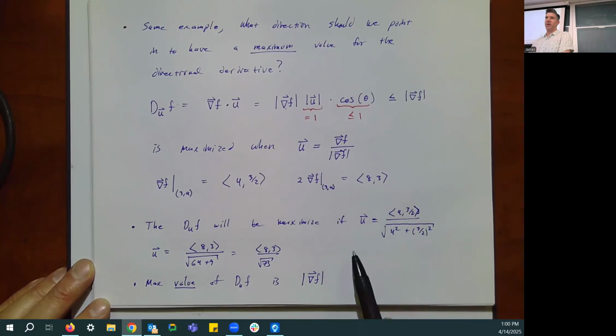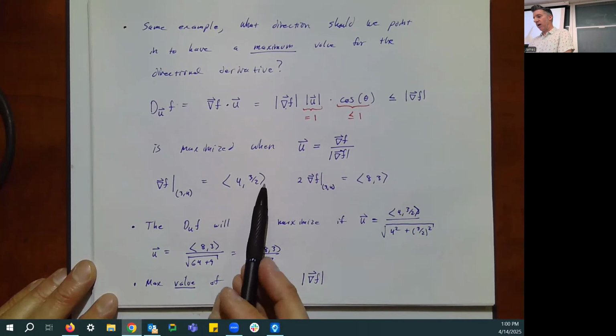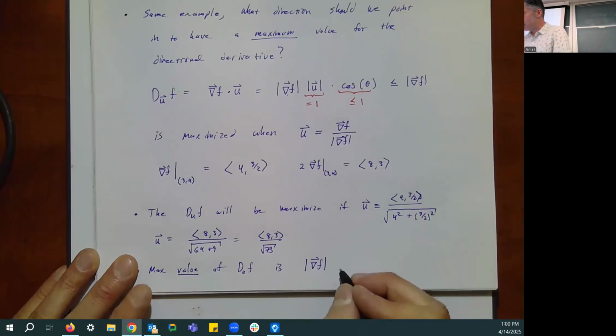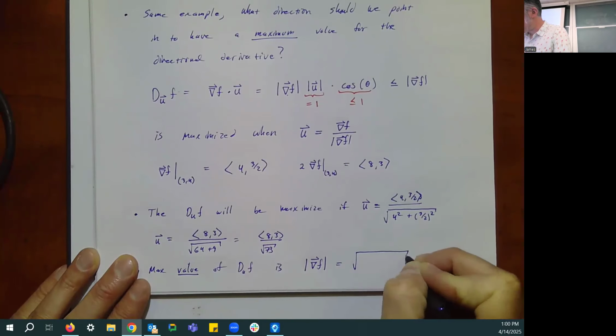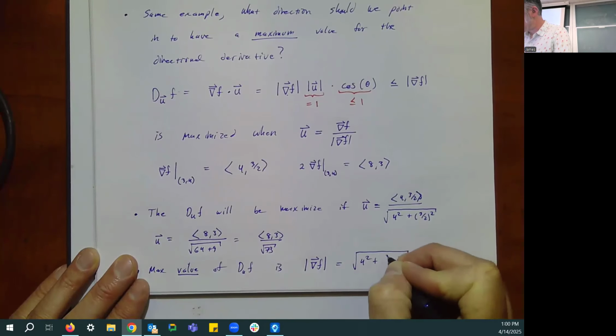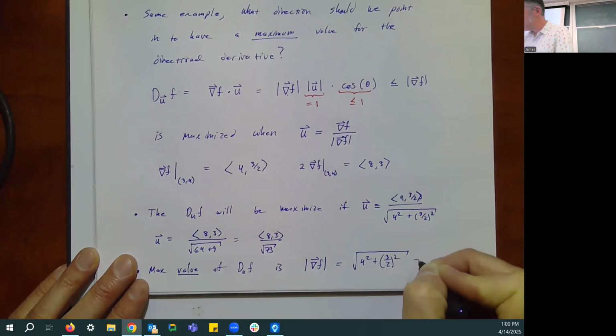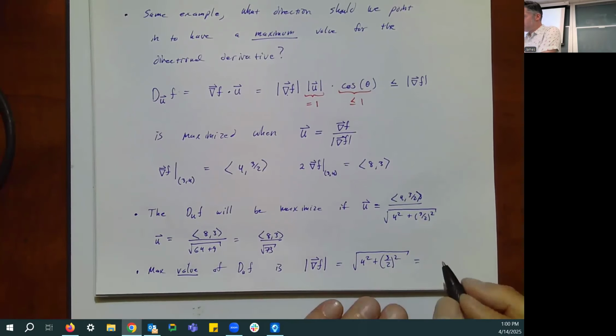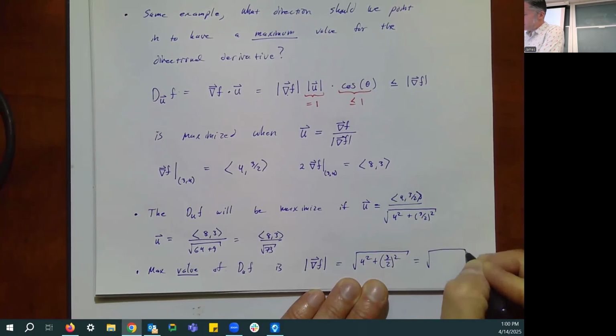We can't just multiply the vector by whatever we want to. It is going to be the magnitude of the vector 4, 3/2. So it's going to equal the square root of 4 squared plus (3/2) squared, which is equal to what? I don't know. It's the square root of 73 over 4.